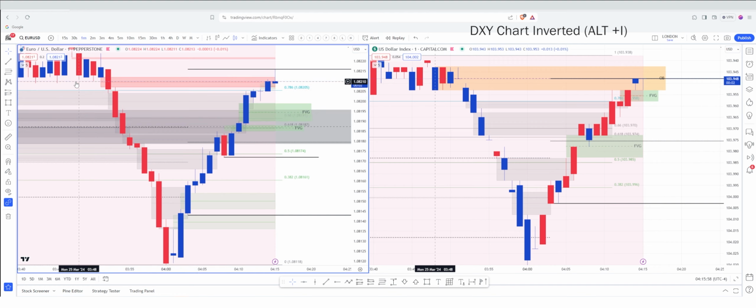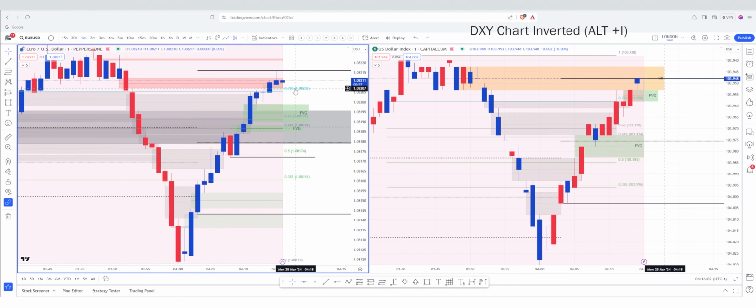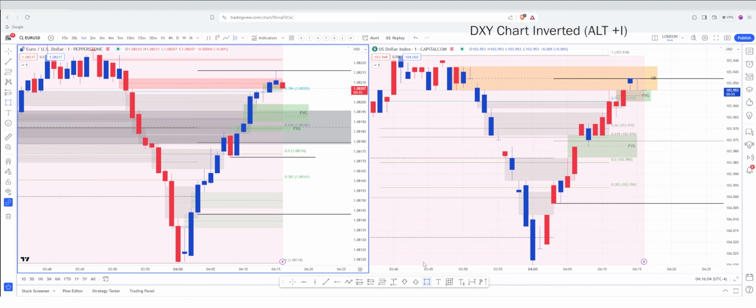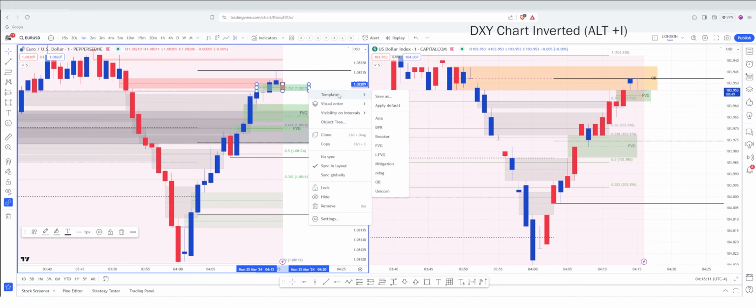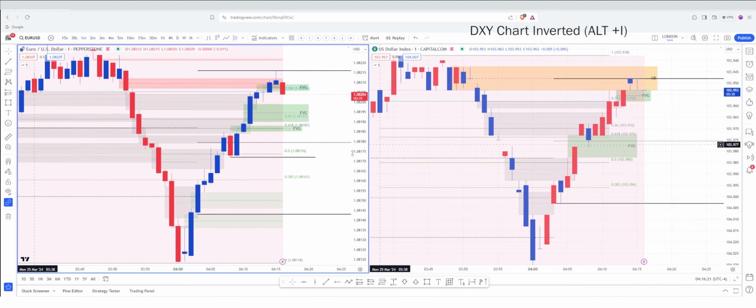Let's get rid of this inversion, we don't need it. Left the fair value gap here now. It needs to be a pretty significant candle.